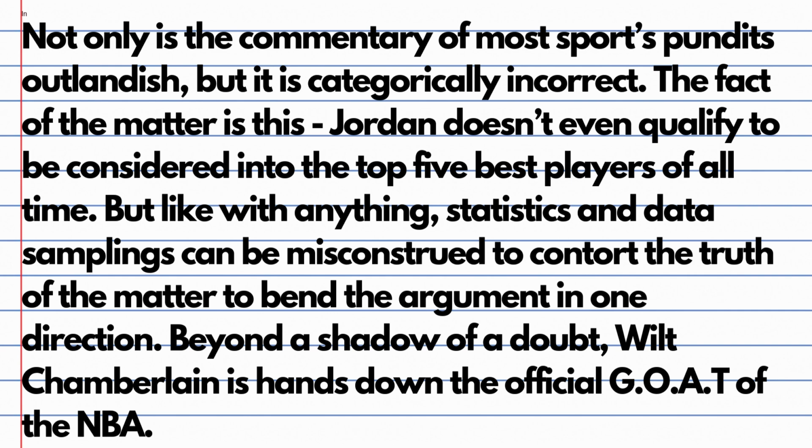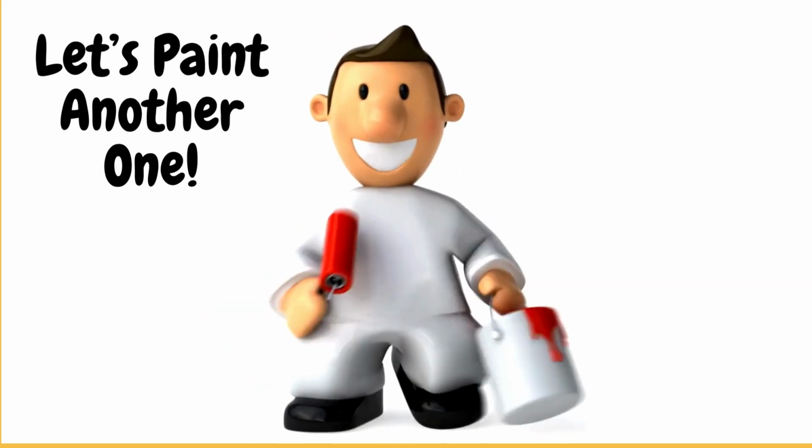And then the second, and possibly even the first, is going to look at how statistically those numbers lie, that they build a false argument. And ultimately, we have to hammer home the fact that Wilt Chamberlain, Wilt the Stilt, is the GOAT of the NBA. All right, might be a little confusing, but let's paint another one.